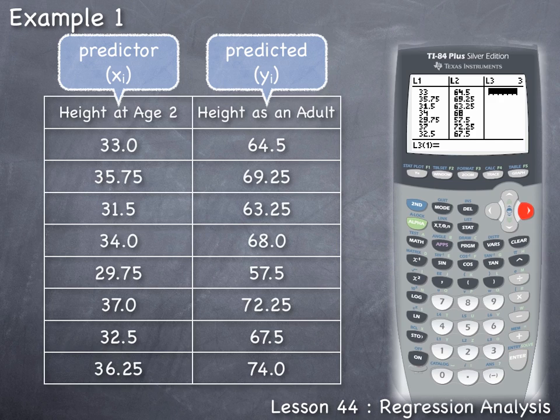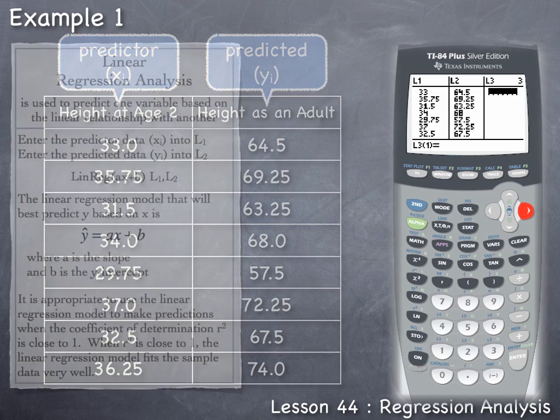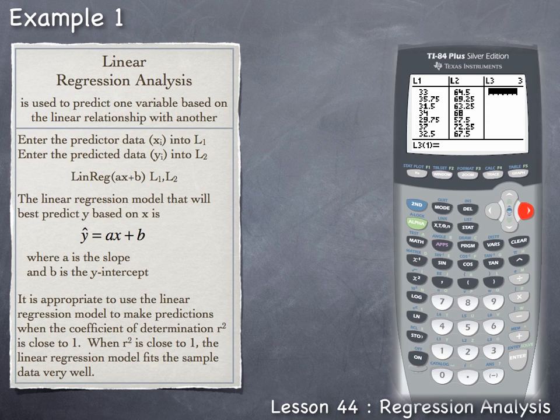Now that we've entered our x variable into list 1 and the y variable into list 2, we can continue with our linear regression analysis and execute the LinReg(ax+b) list 1, list 2 command on the TI-84 calculator.